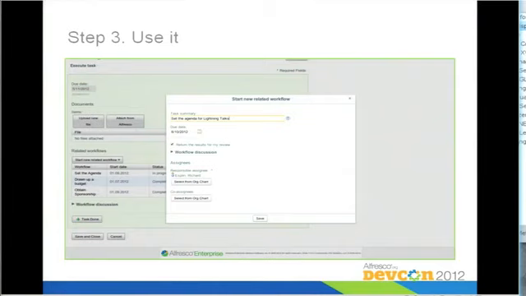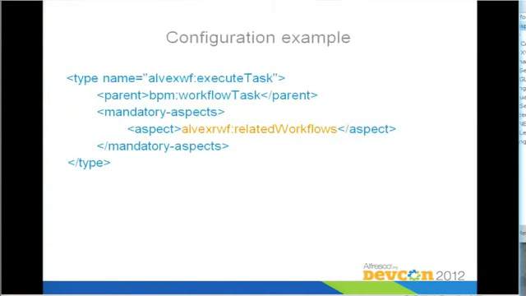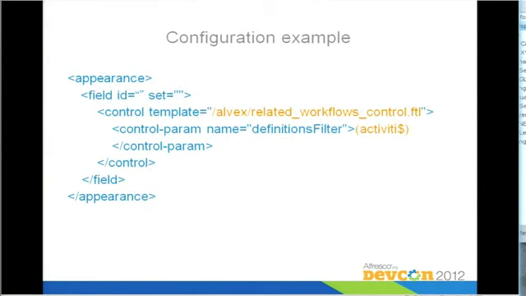Alvex is based on the Alfresco standard API, so related workflows work with both Activiti and jBPM. To add the ability to start new workflows from your task, you just add the aspect to your task model. If you want to set a limitation on the workflows that can be started from your task, you do this using Share config, like this.